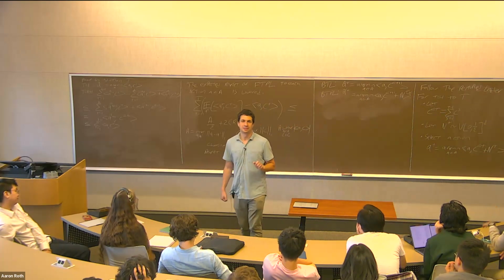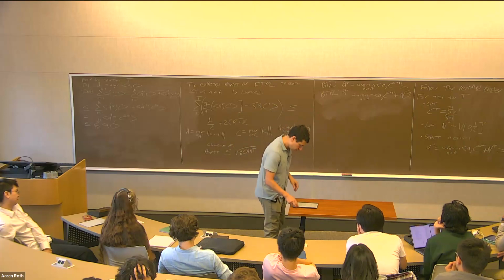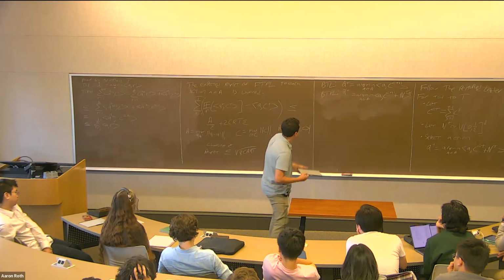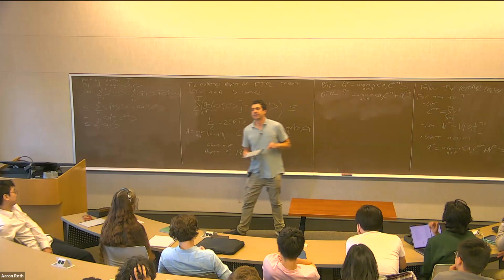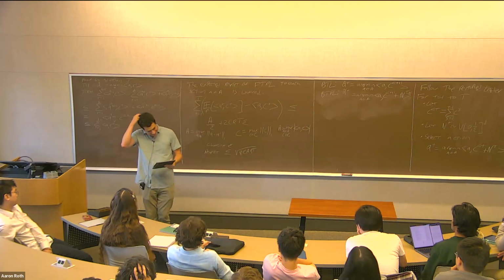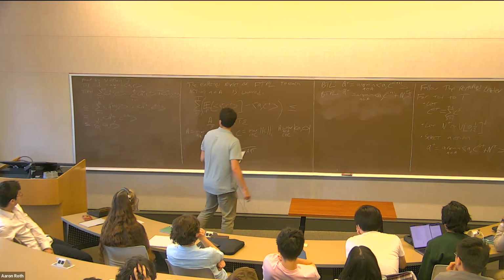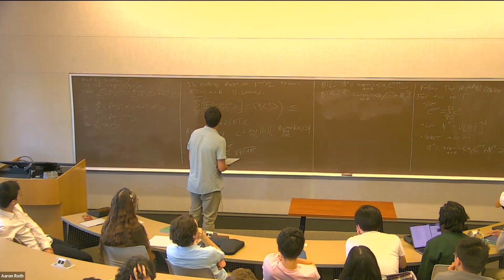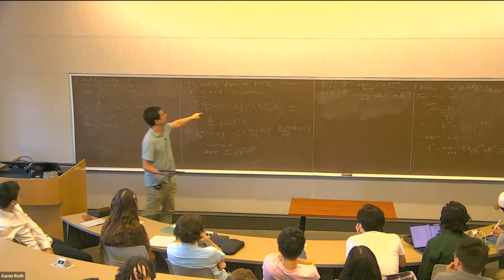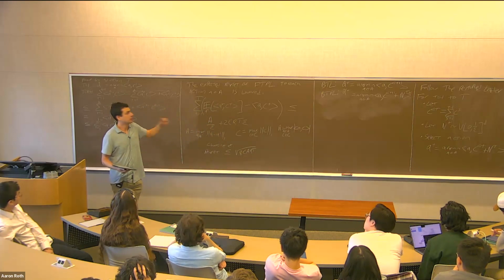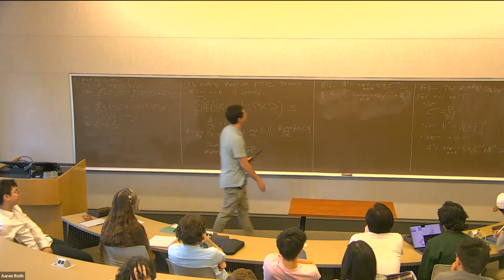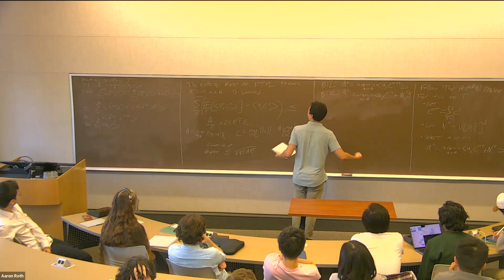Does that make sense? Okay, so this is what be the perturbed leader is. We know that follow the perturbed leader is great. Be the perturbed leader is somewhat worse, but not that much worse.